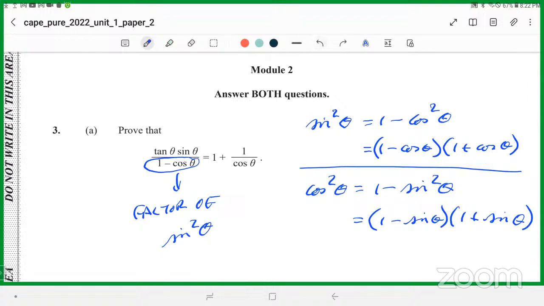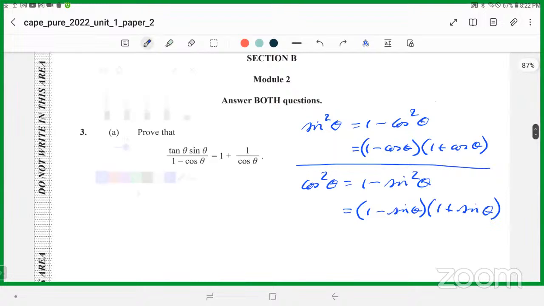Now you have a factor of sine squared theta, so I'm looking to use sine squared theta there. Next thing, as I said, you don't work with tan, sine, and cos together. You tend to work with tan by itself, or sine and cos together. Remember this. Very, very important to remember those.